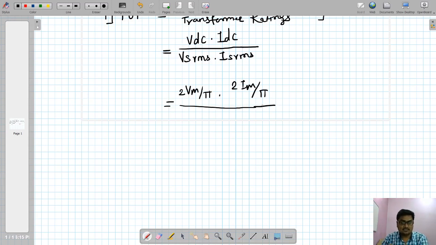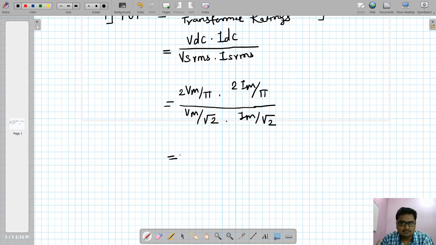Now for the transformer ratings, voltage is available for full time at the secondary, and current is also available at the secondary for full time. It means VS RMS is Vm divided by root 2, and IS RMS will be Im divided by root 2.